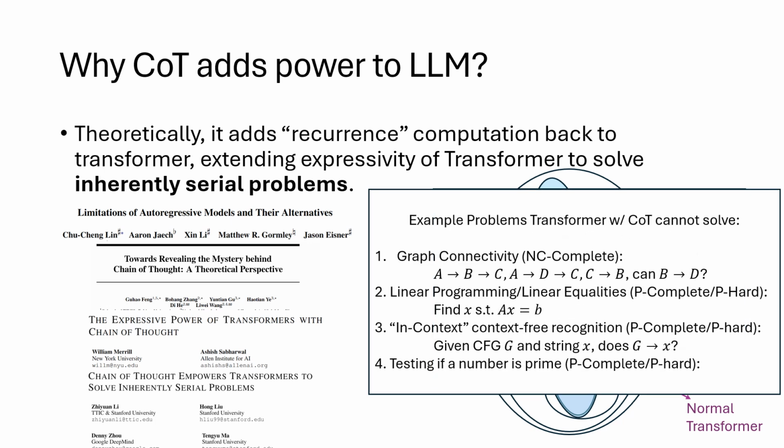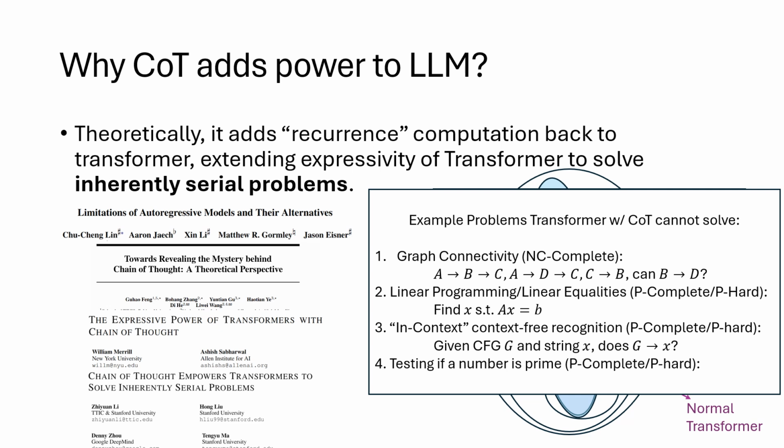But there also exist some problems that a transformer, even equipped with chain of thought, cannot solve, like graph connectivity problems. If we provide the language model with an edge representation of a graph, then perhaps it would be challenging for the model to answer node connectivity questions. Another is linear programming or linear inequalities problems, which a transformer may also struggle with.